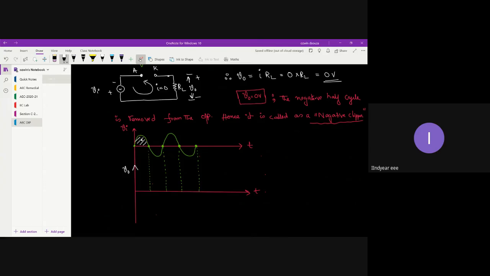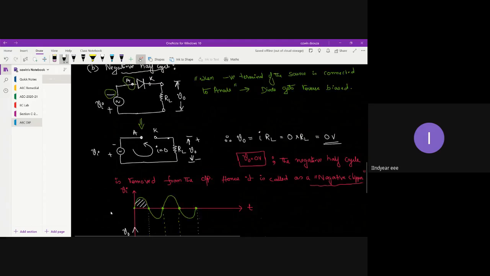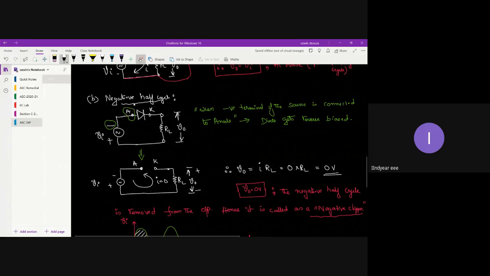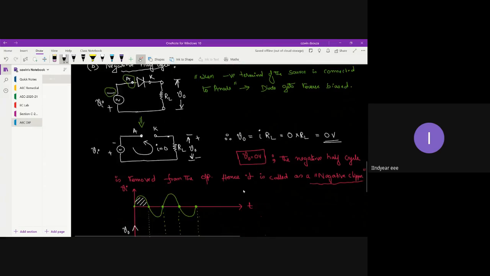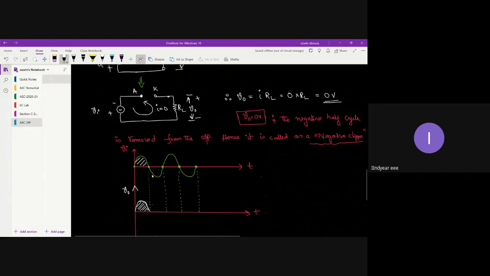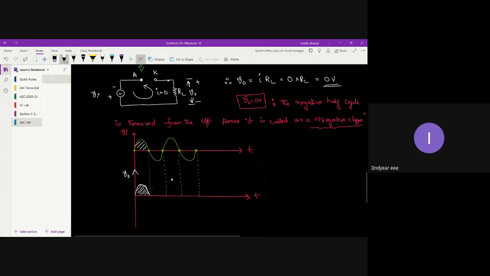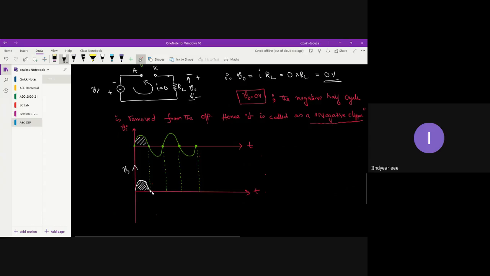So the same wave will appear in the output. That's your output for the positive half cycle. Next, let us handle the negative half cycle. For the negative half cycle, what is the output? 0 volts. So when there is a negative half cycle of the input, the output remains 0. That means you will have a straight line overlapping with the time axis.